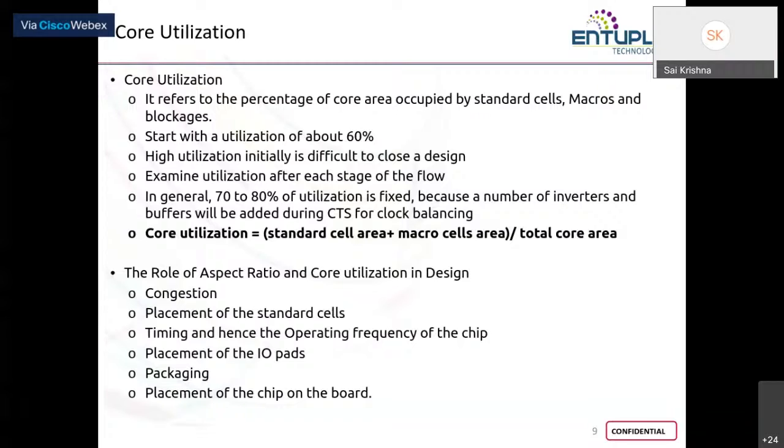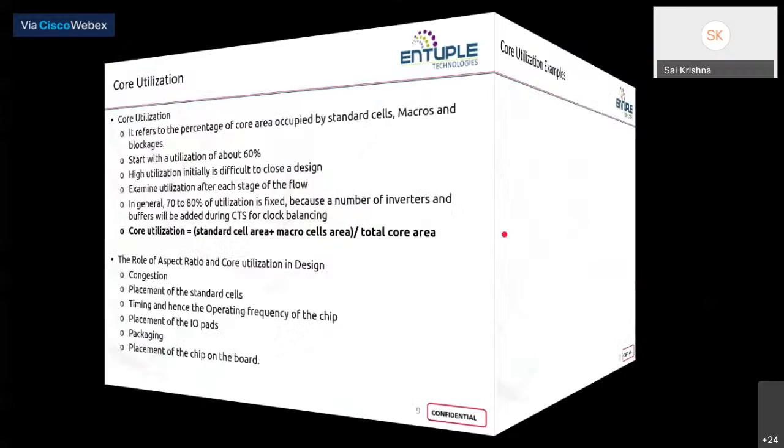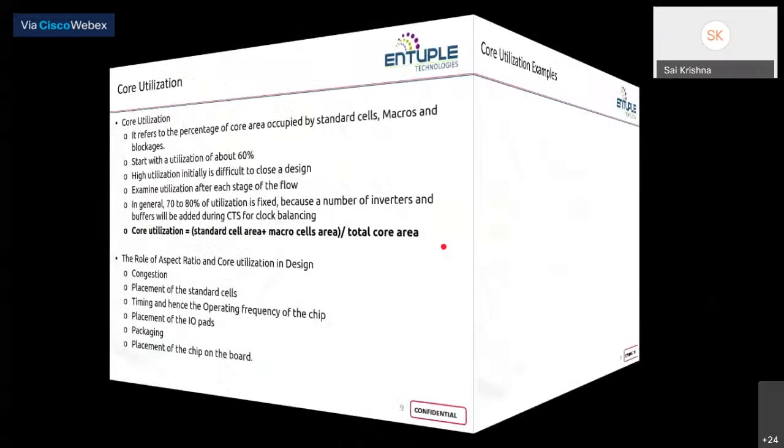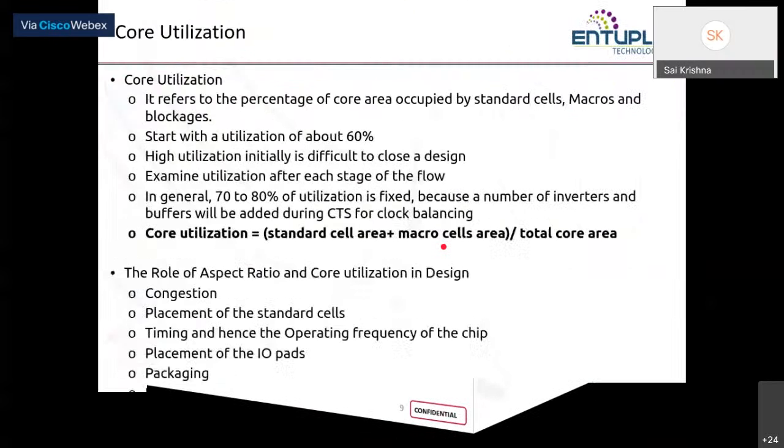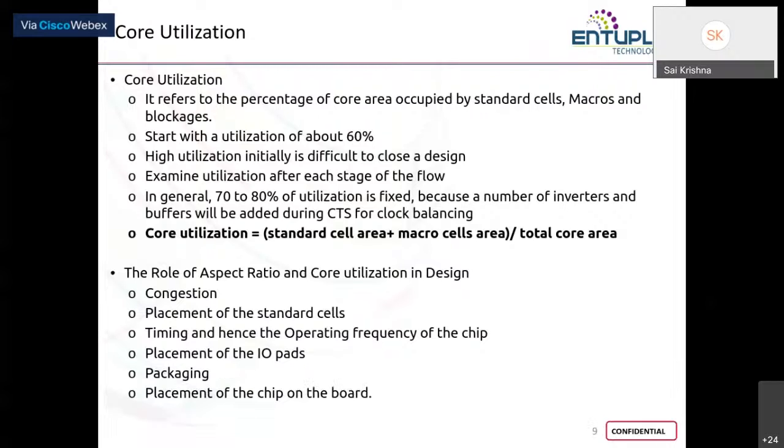Normally, whatever is your macro and standard cell area, total area will be a little more than that. So whatever is the fraction you get, its corresponding percentage will be your core utilization. In case you don't have a macro in your design, then only standard cell area divided by core area will be your standard cell utilization.